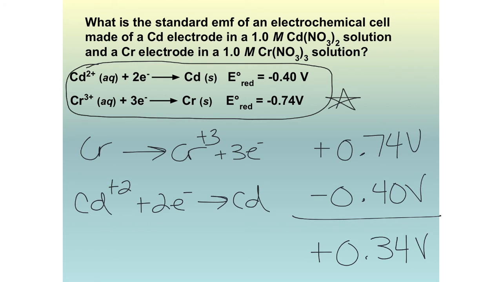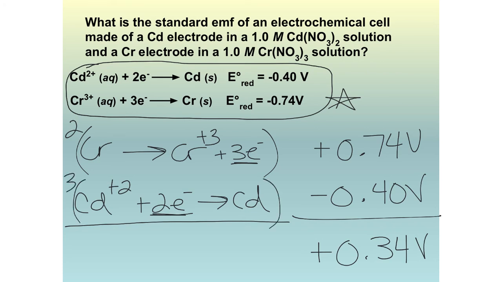All right, now if we needed to do the overall reaction, so sometimes they might ask us for the net reaction. Remember, electrons need to be equal and opposite, meaning if I'm losing 3 electrons, I must also be gaining 3 electrons, and that's not the case here. So we would need to multiply the Cr reaction by 2, because that would give us 6 electrons, and the Cd reaction by 3, because that would give us 6 electrons.